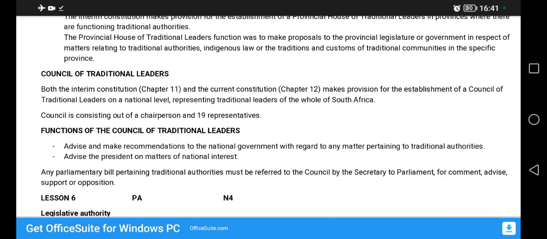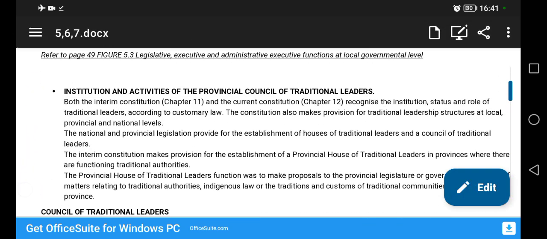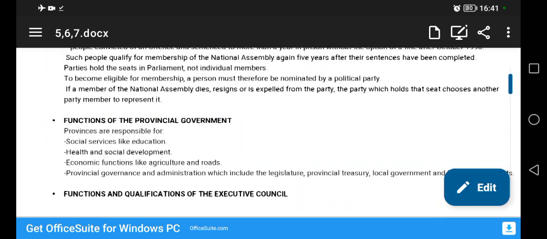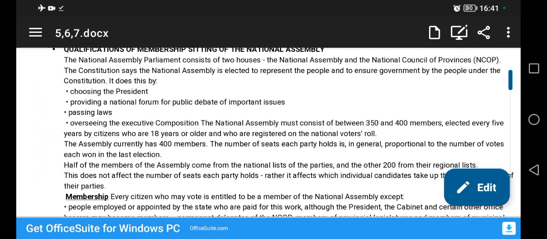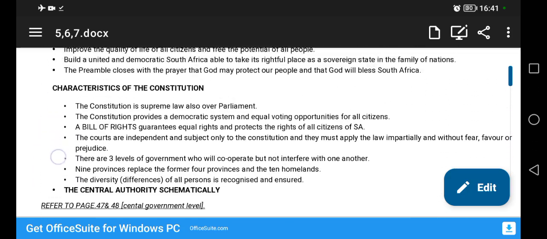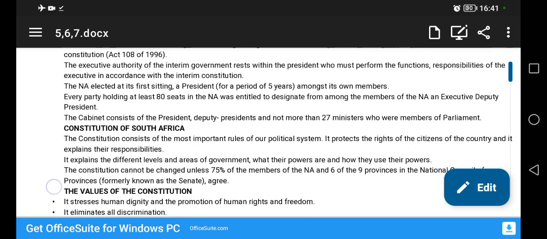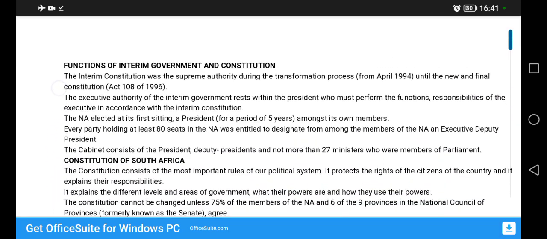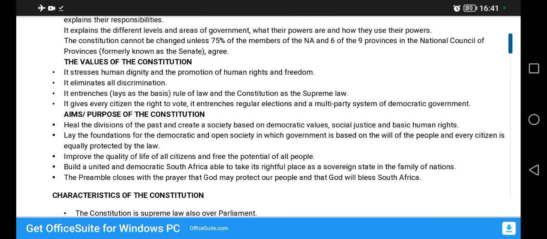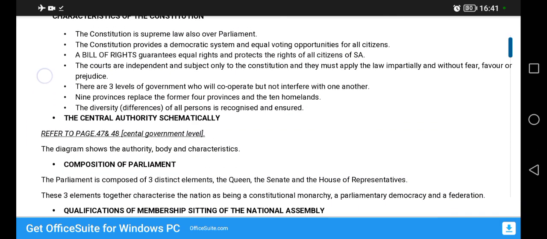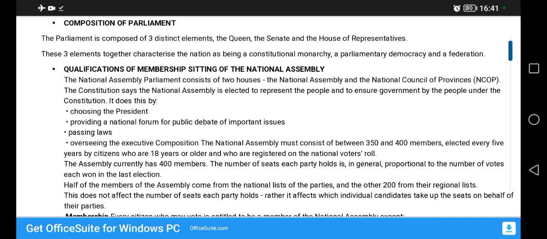And remember, if you scroll back, it said the NA members are the ones that pass what? They pass laws. Where is it? Let's go back. You see, passing laws, the qualification for sitting in the National Assembly.